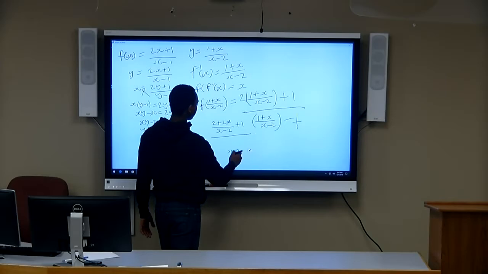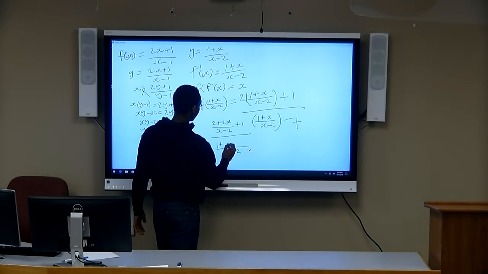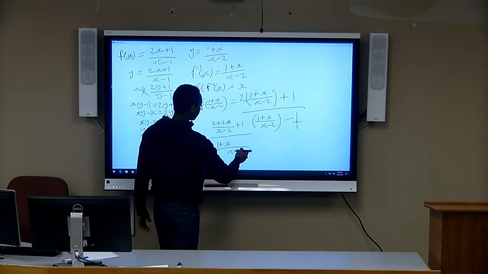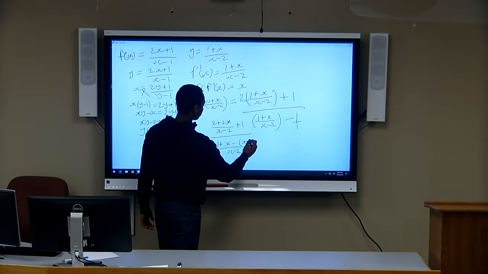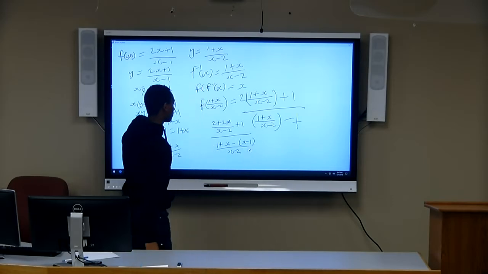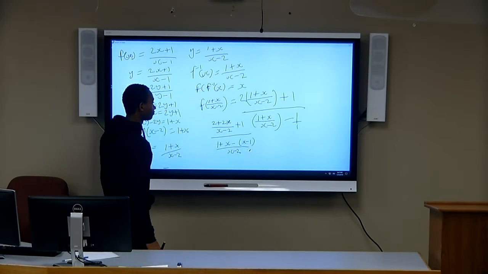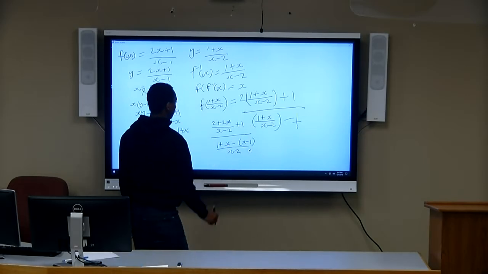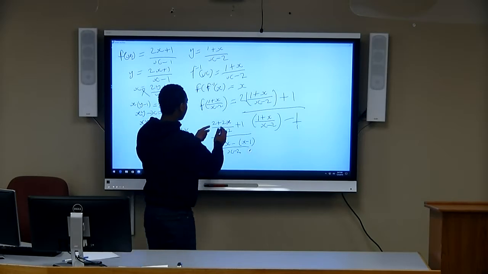So it's going to be x minus 2 into this, which is 1, it's going to be 1 plus x. So x minus 2 into this is going to be minus x minus 1. 1 goes into this, x minus 1. So x minus 1 times 1. Yeah, that's exactly it.